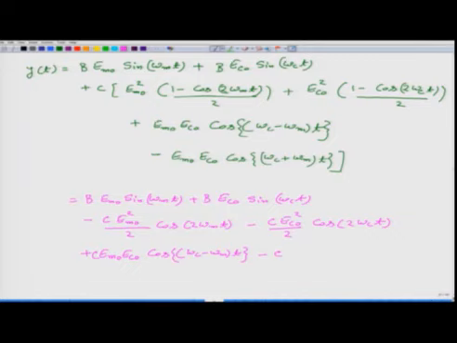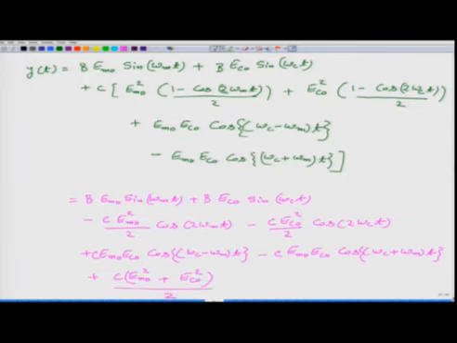Minus c times Em naught Ec naught cos of omega c plus omega m t, and the remaining part will be plus c Em naught squared plus Ec naught squared divided by 2.